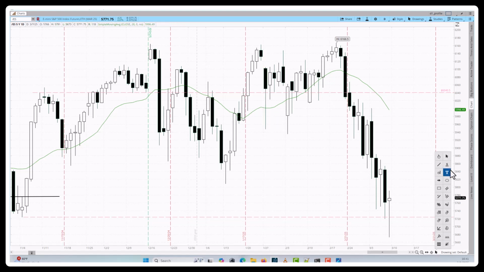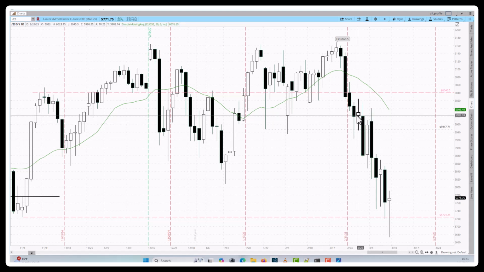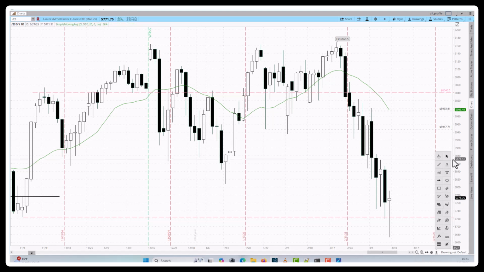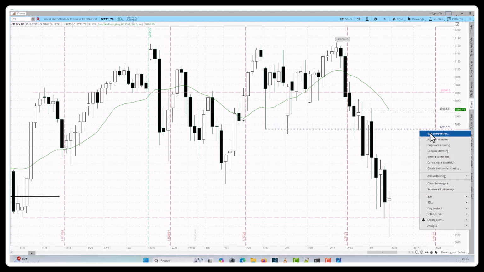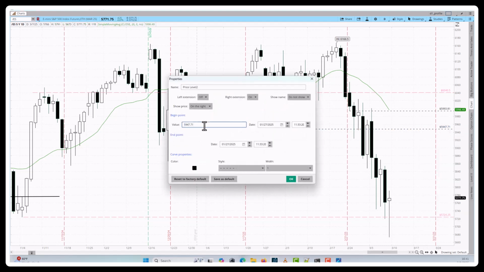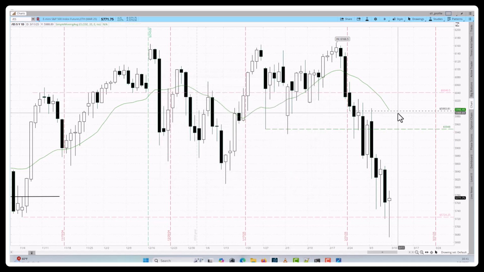Alright, let's mark on the daily. Alright, and this is the Monday. So what's the low of this one? The low of this one is 59.48, and the daily candle we have a green color code.